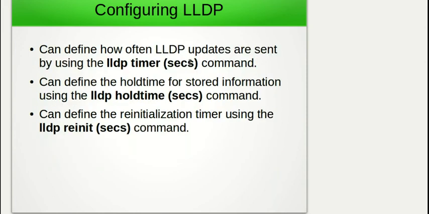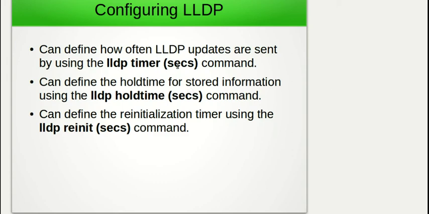We can also define how often these updates are sent with the LLDP timer seconds command, and we can define the hold time, which defines how long information received from neighbors is stored in the table, with the LLDP hold time command. And we can also define the reinitialization timer with the LLDP reinit seconds command.